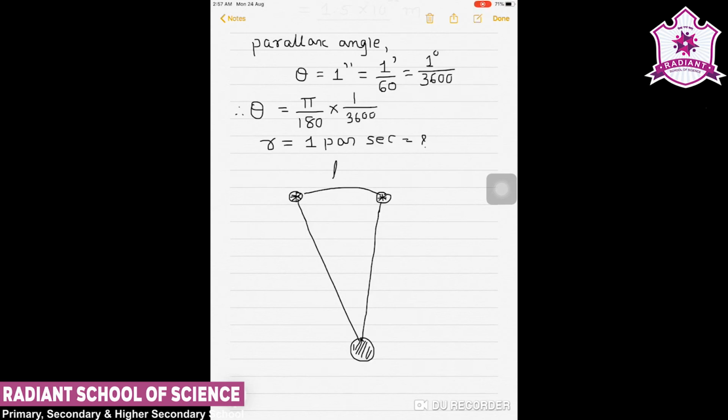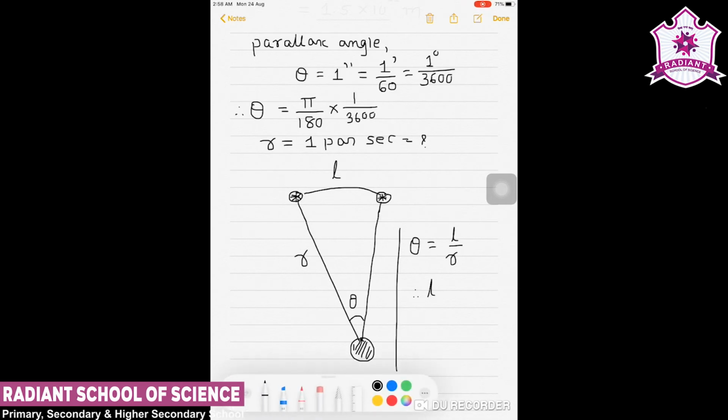So if this is baseline L and if this is radius r and if this is theta angle, then angle is equal to arc upon radius, and therefore we have to find out this r. So to find out this r, we can say that r is equal to L over theta.